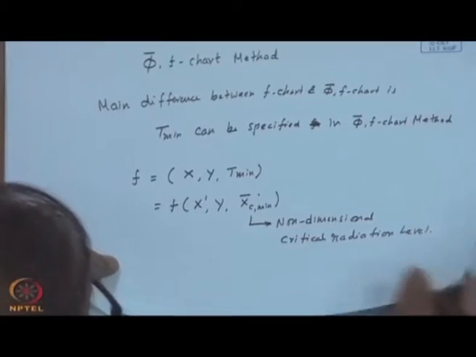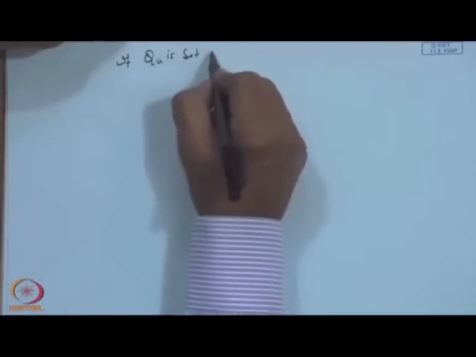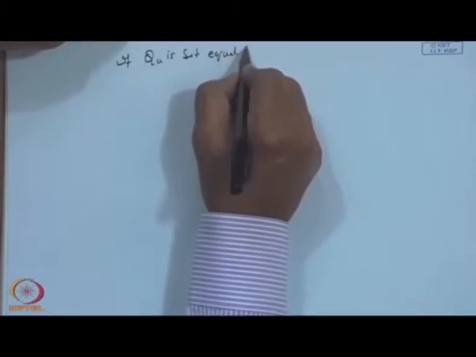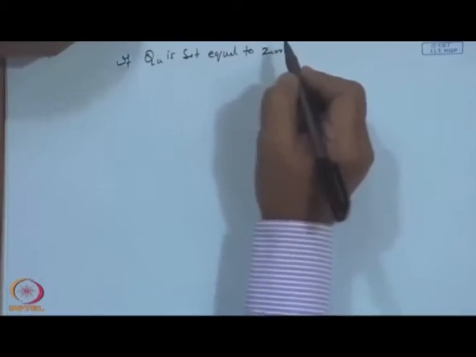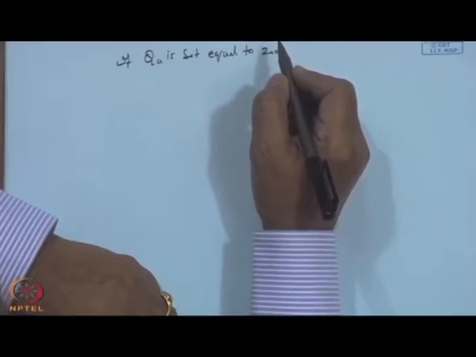And if you remember, a very preliminary idea of the critical level was given, that if Q u is set equal to 0, the radiation falling on the collector for Q u to be 0 will be the so called critical radiation level. In other words, unless your solar radiation is above this critical level of I C, you will not have any useful energy delivered at the temperature desired.